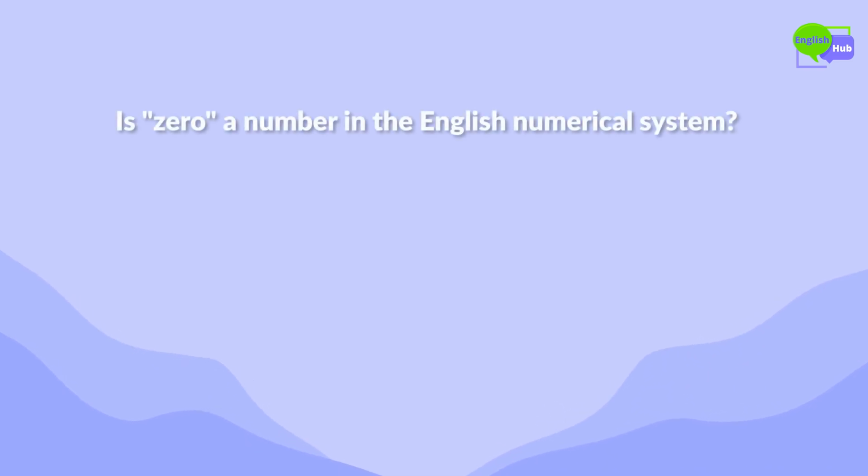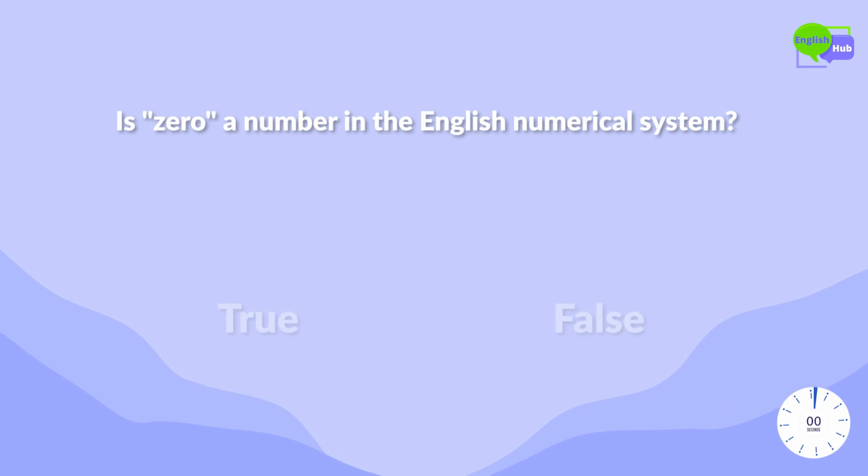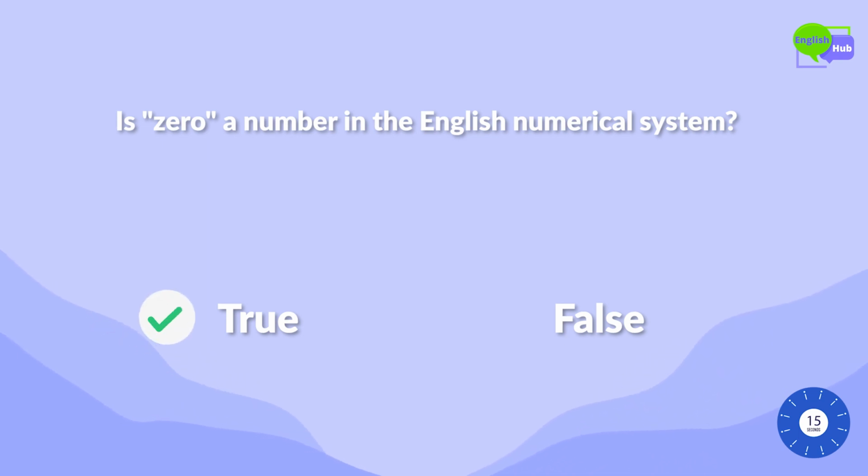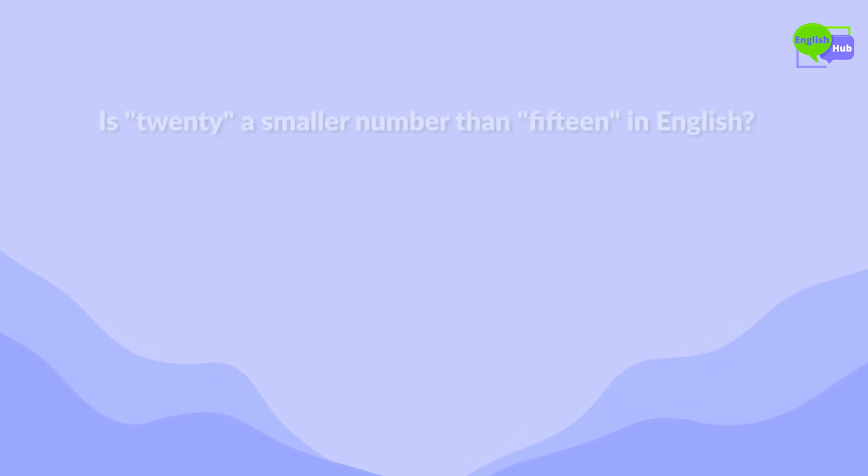Is 0 a number in the English numerical system? Is 20 a smaller number than 15 in English?